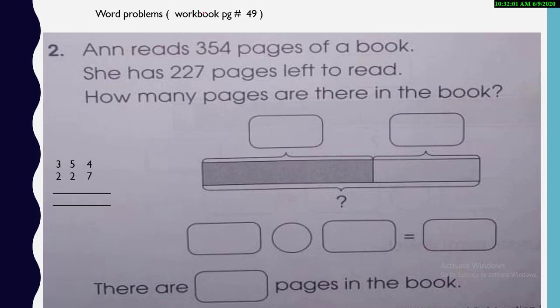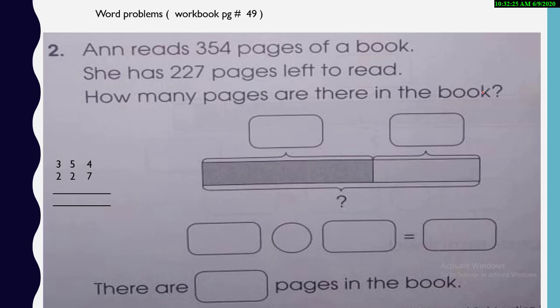So let's start. Anne reads 354 pages of a book. She has 227 pages left to read. Okay, left to read means these pages are not read yet. How many pages are there in the book? They are asking how many pages are in total in the book.